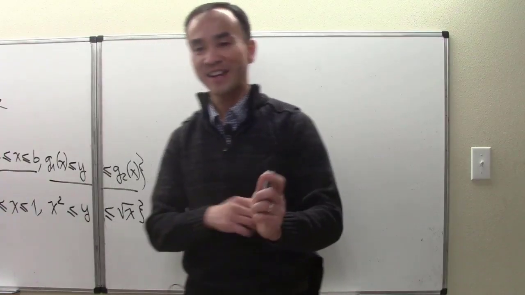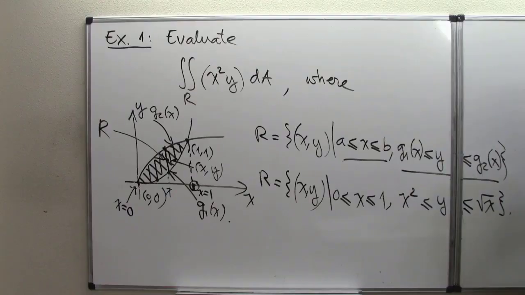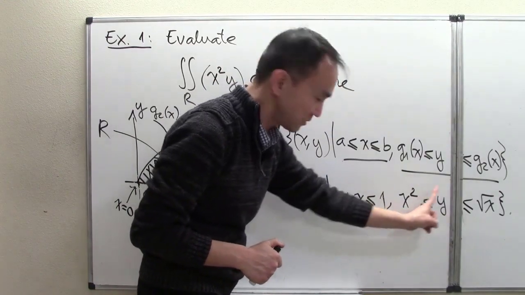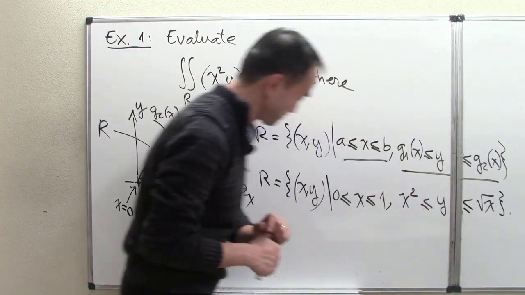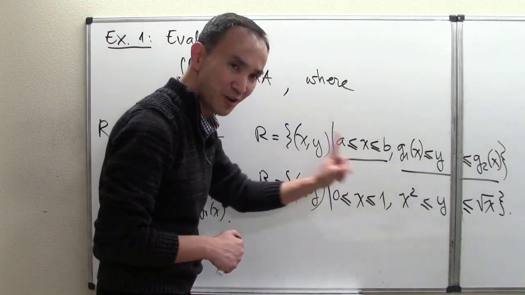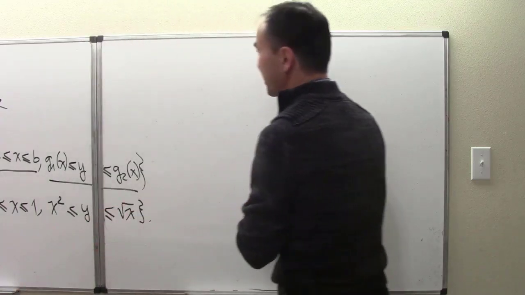So now in that case we're ready, particularly for our function here. The g1 is x squared, g2 is square root of x, and the x value is running from 0 to 1. So now, setting it up, this is how I'm setting it up.